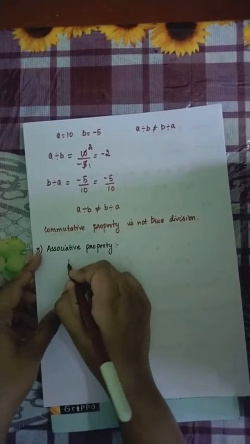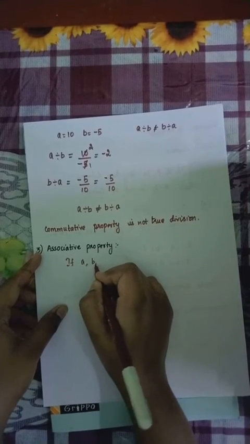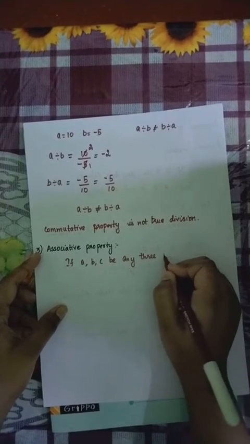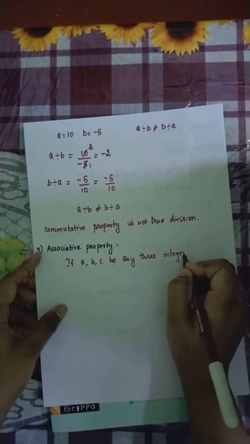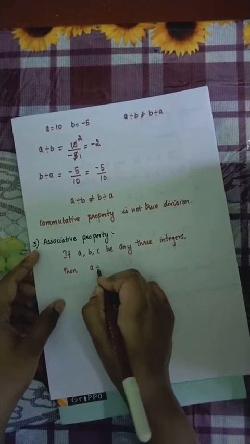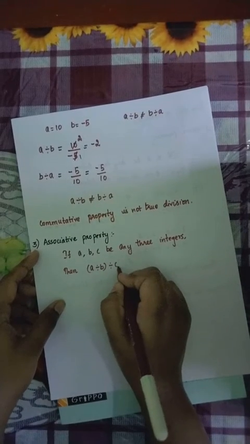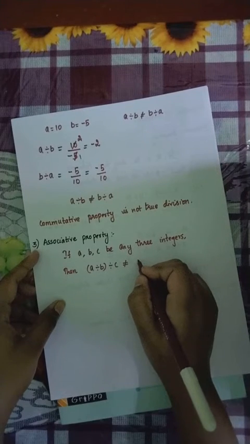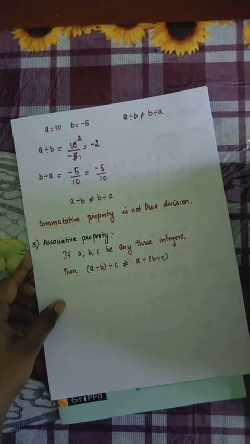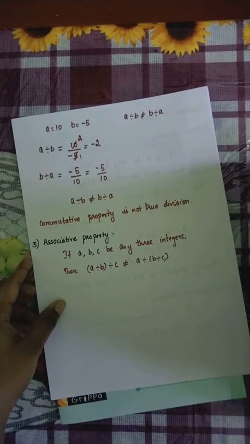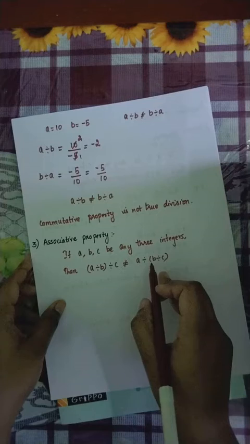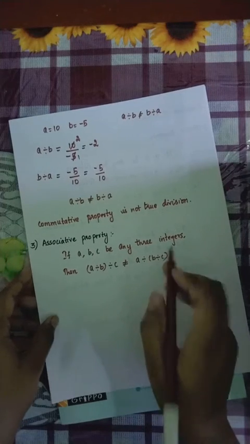So if a comma b comma c are any three integers, then a divided by b divided by c is not equal to a divided by b divided by c. You can see one example.